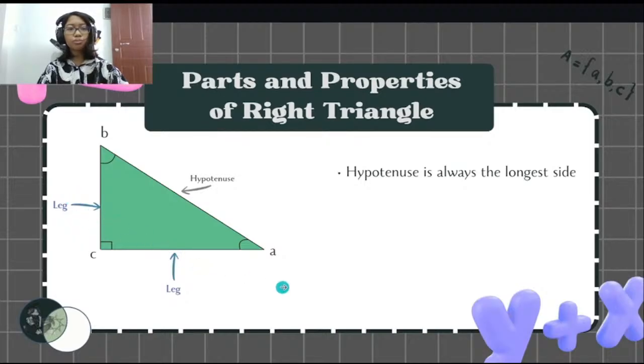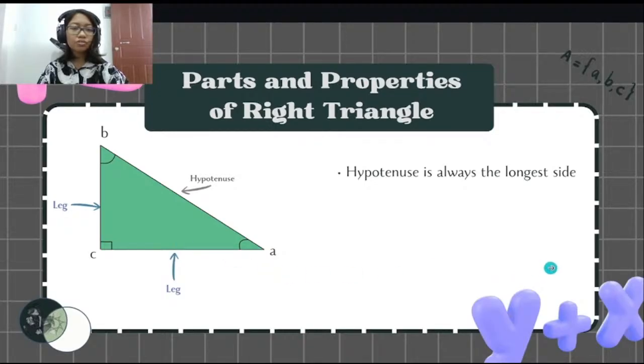Depending on the angle we are working with, one leg is called the opposite side, and the other is the adjacent side. Say, in the given triangle, angle A: the opposite side is the side across the angle, and the adjacent side is the side next to or beside the angle.